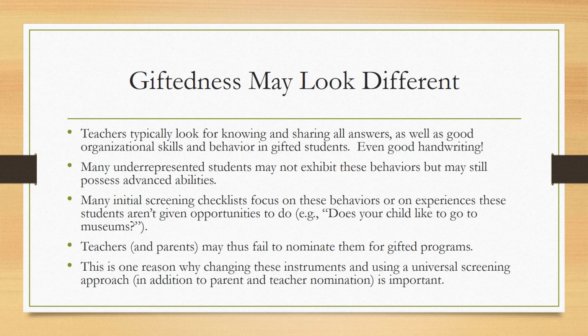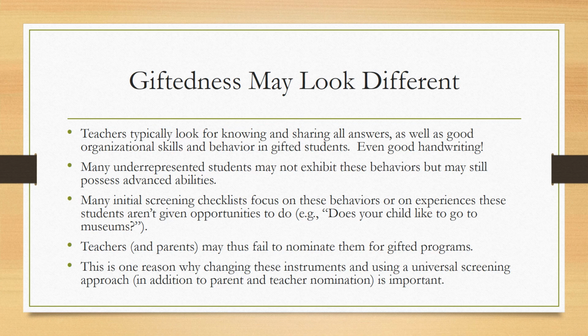However, many initial screening checklists, and you've probably seen these in our earlier work in the course, focus on those typical behaviors, or sometimes on experiences that students aren't given opportunities to have. For example, a checklist might contain an item like, does your child like to go to museums? A parent nomination form.